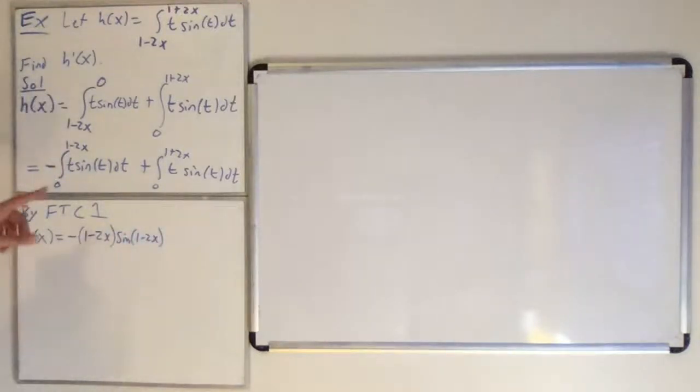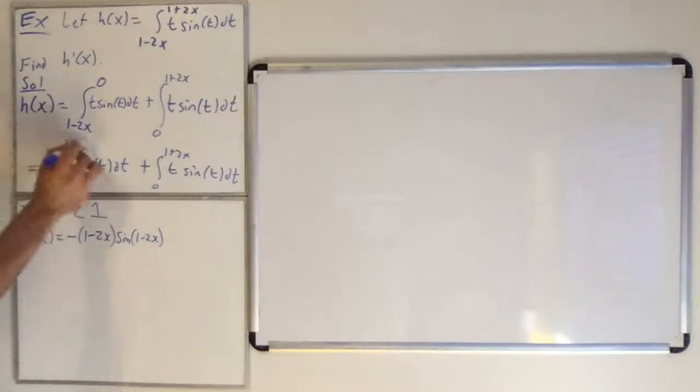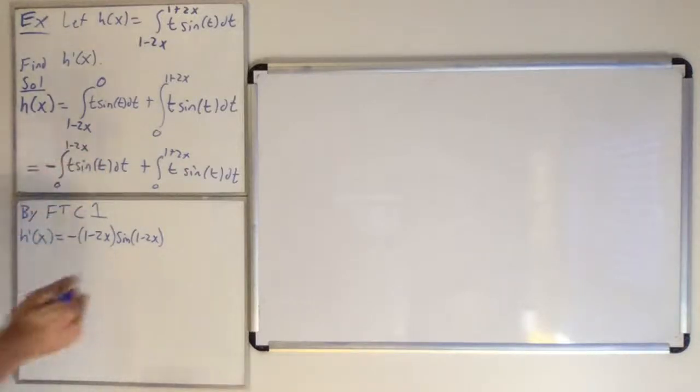And then you have to multiply by the derivative of this function. So we're using the chain rule here.